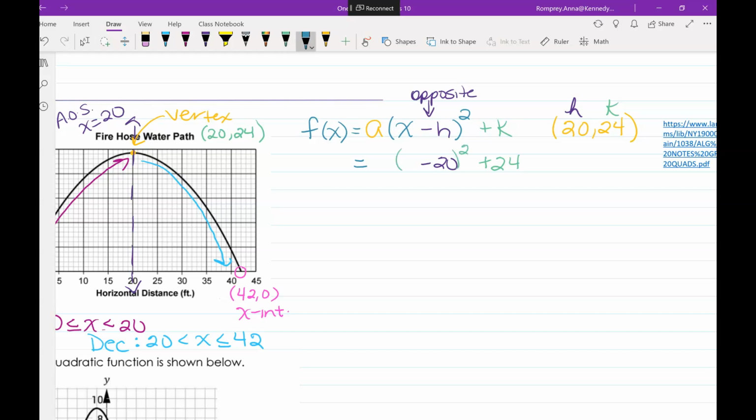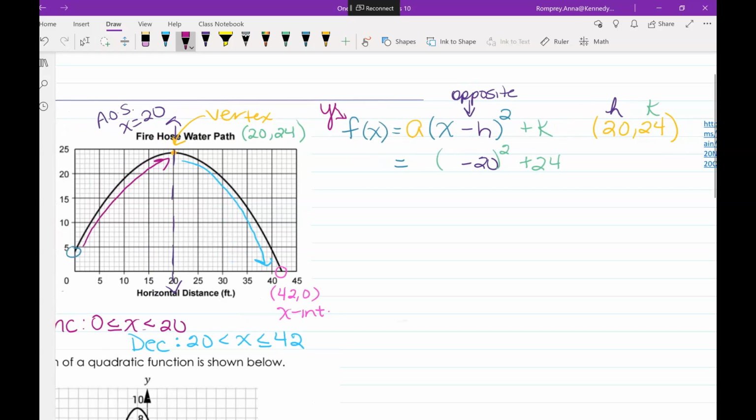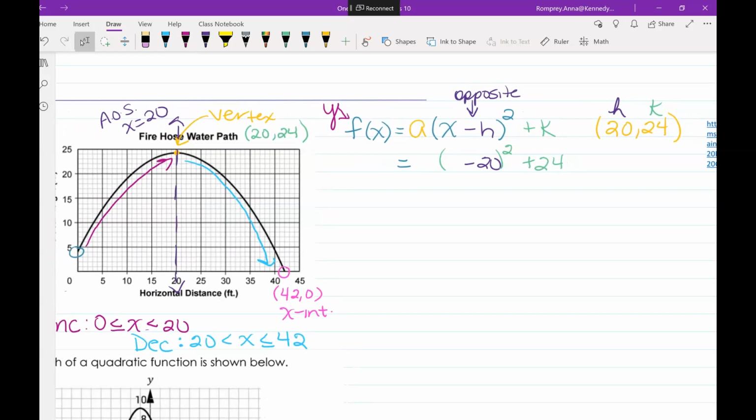So there's some information, however, I still have an f of x, an a, and an x. All right, well, I know my vertex, and remember, f of x is just a fancy way of saying what? Y. So that's our dependent variable. Well, I have tons of x's and y's on this graph. So I'm going to use one because the biggest thing is we need to solve for a.